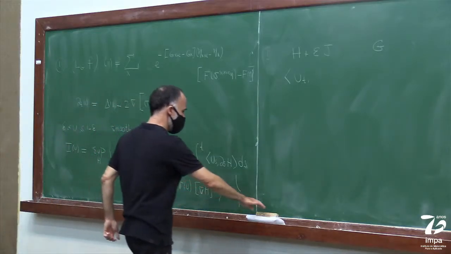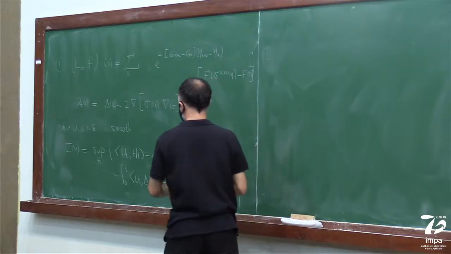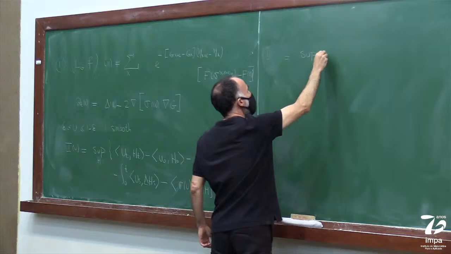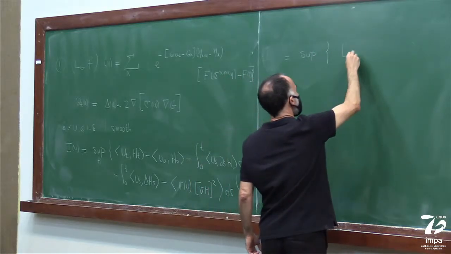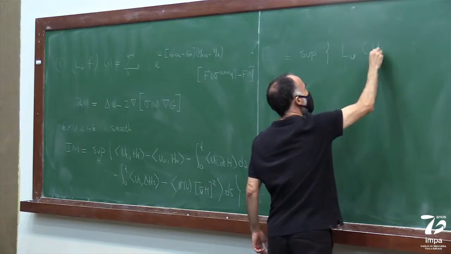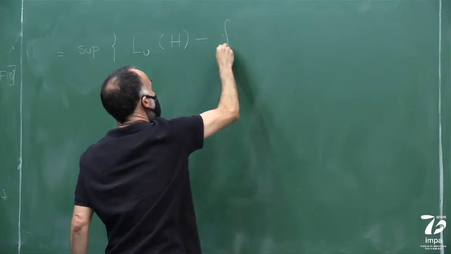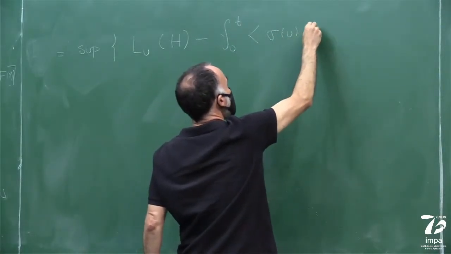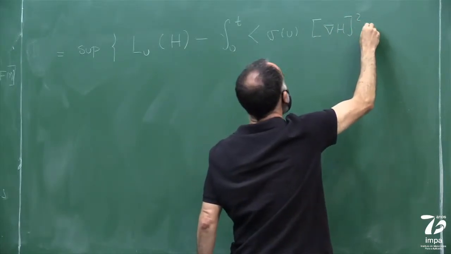Okay. So what I'm doing is that I'm writing this supremum as a supremum of a linear function which depends on u of h, okay, minus the time integral of sigma of u dh square.